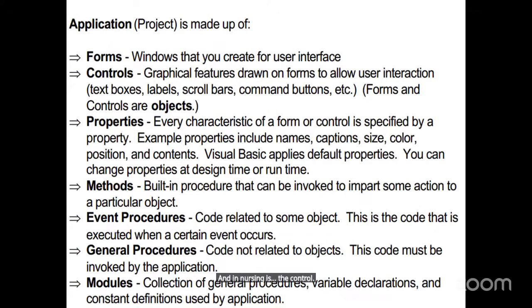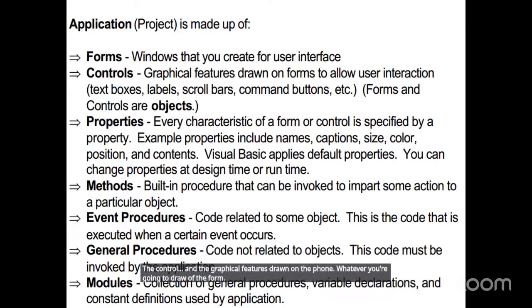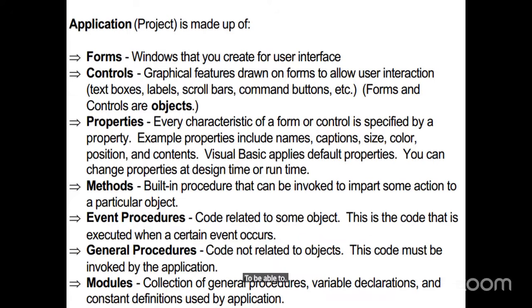The controls are the graphical features drawn on the form, whatever you draw on the form to create the application. So we have the form, and after the form, we have the control. Examples of such controls are the text box, label, scroll bar, command button, and exit.